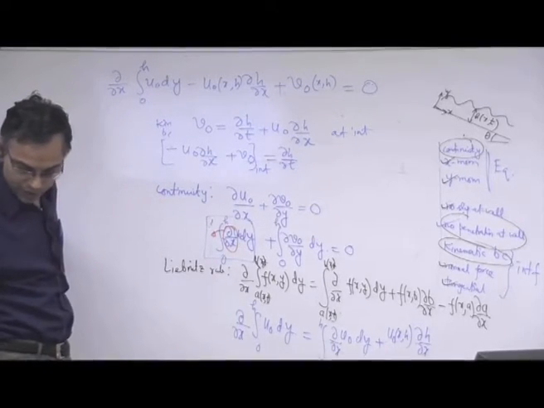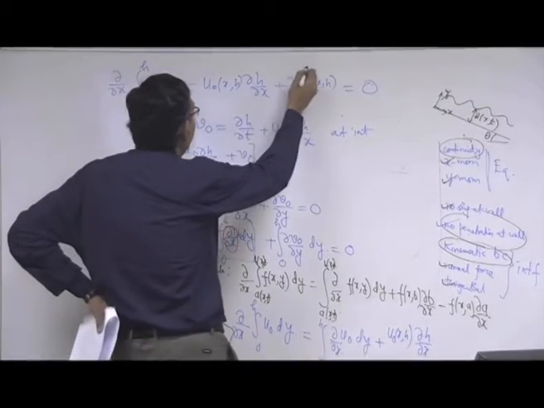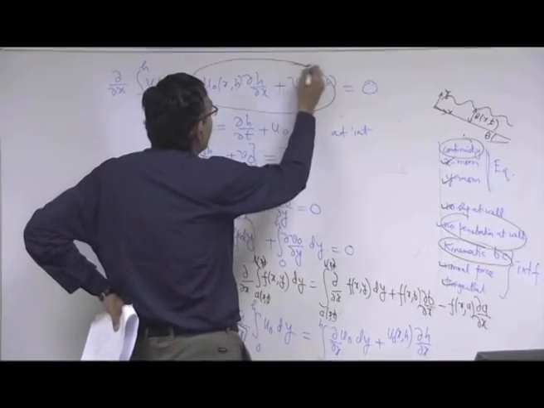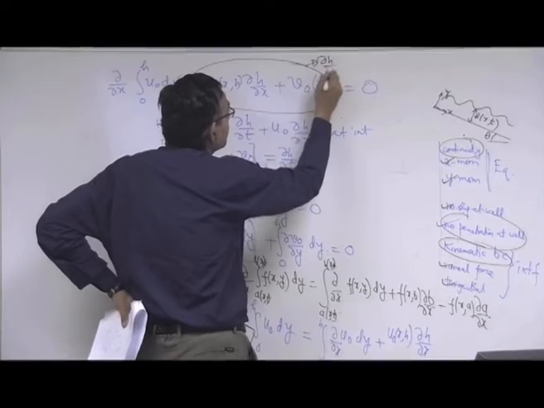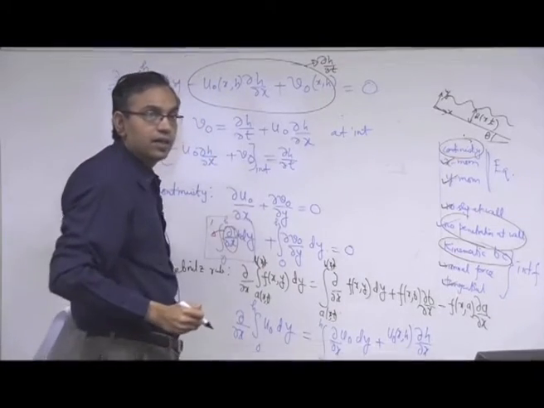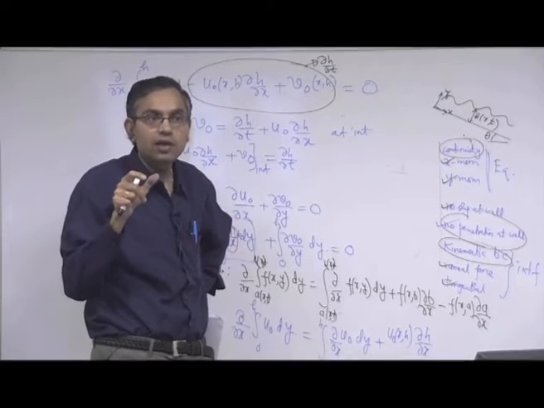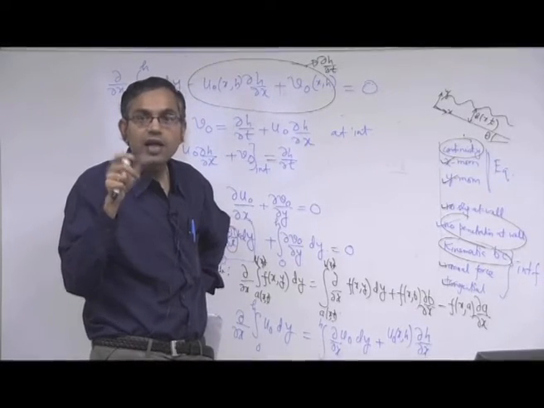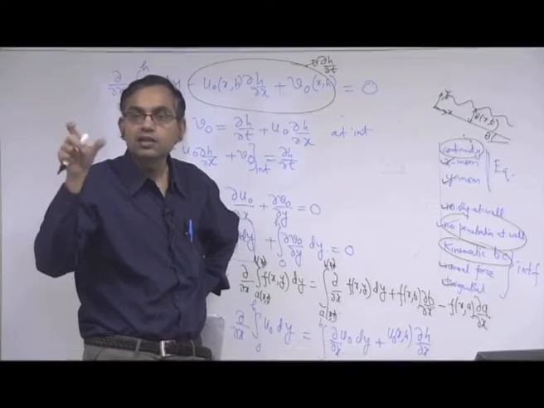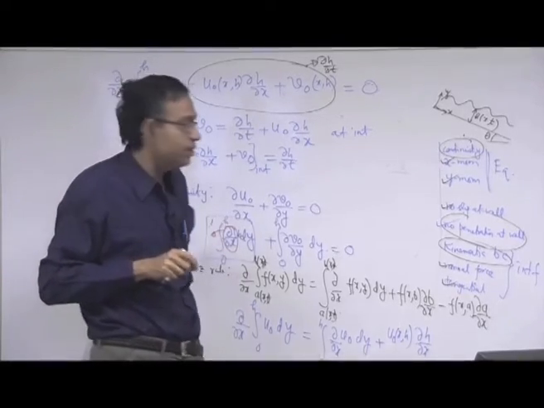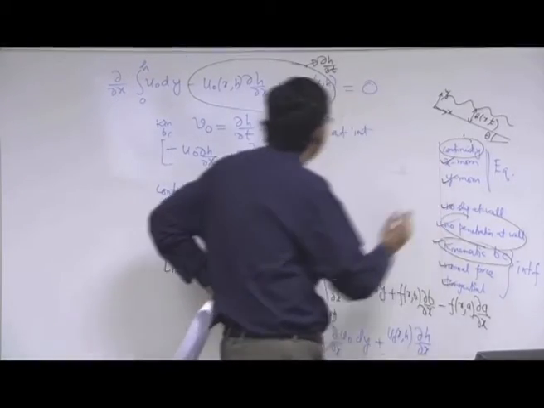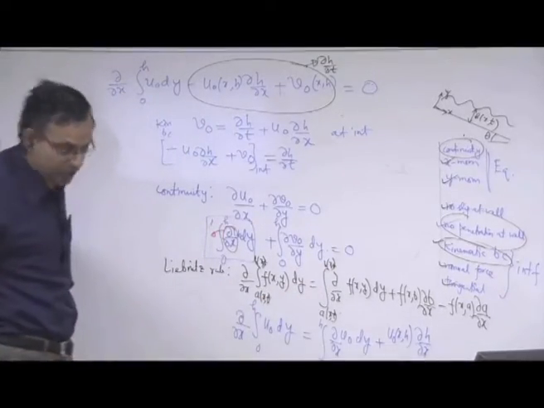So that means you can replace this term by ∂h/∂t. That is how we have used the kinematic boundary condition. So integrating the continuity equation gives us a natural way of incorporating the kinematic boundary condition at the interface.